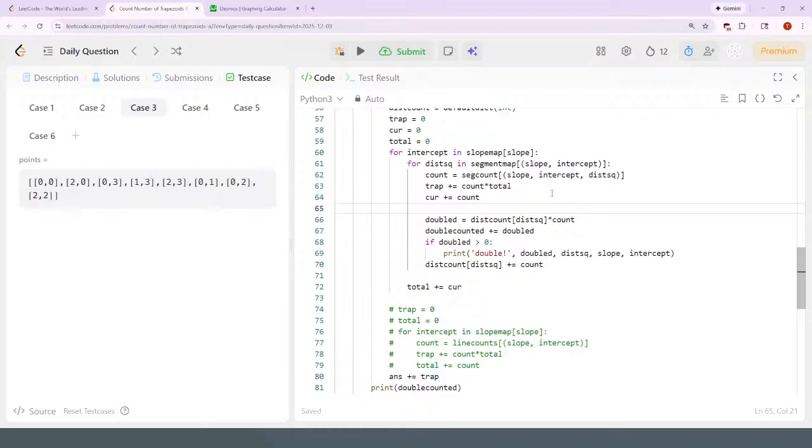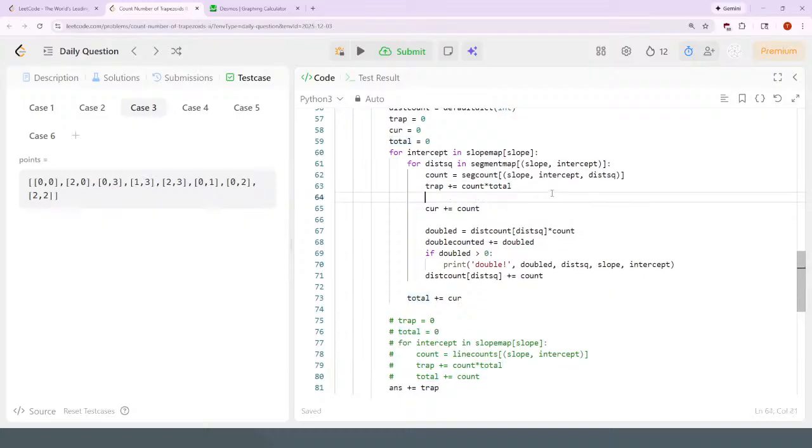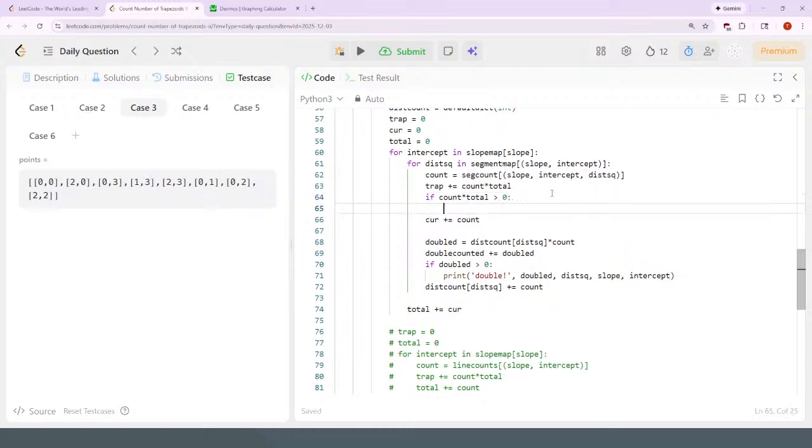So count. So count times total is greater than 0. Print counted. Let's say how much it counts and the relevant information.